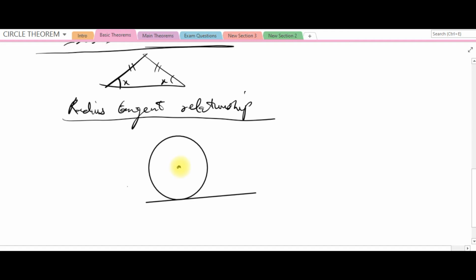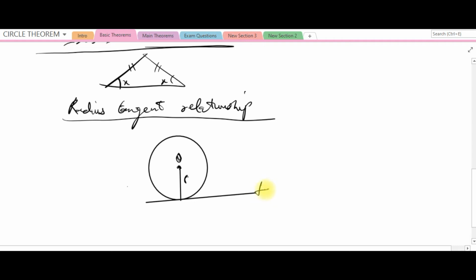Assume this is the center of the circle, let's call it center O. And you know that the distance from the center to any part of the circumference of the circle is the radius of the circle. So this is the radius. Let's use R for the radius.